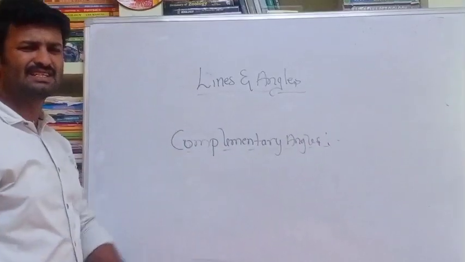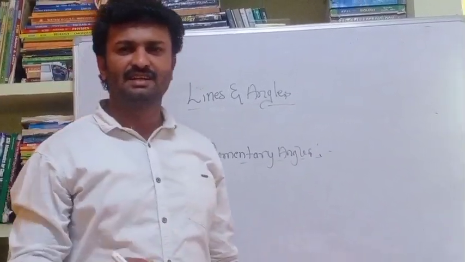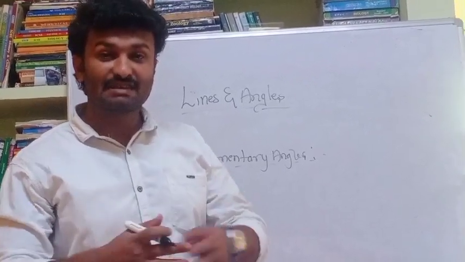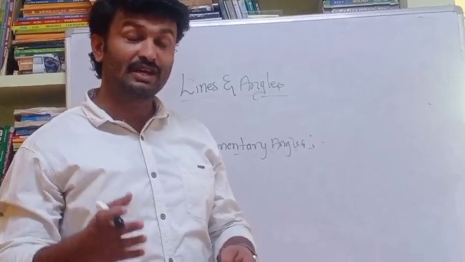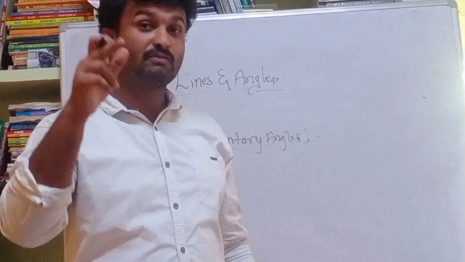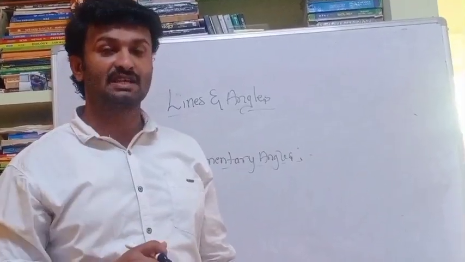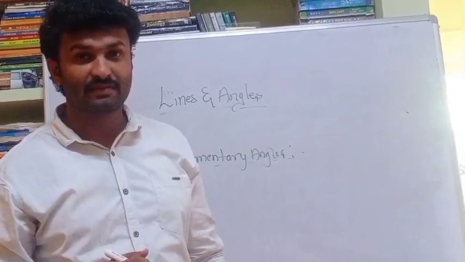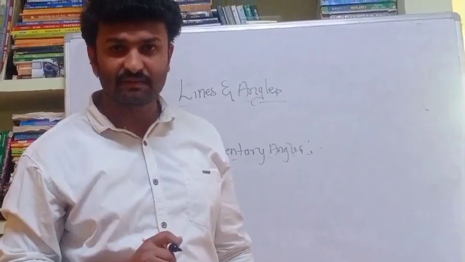What are complementary angles? Just now I said there is a relation between complementary angles and adjacent angles. First, remember the definition of adjacent angles. Their sum is equal to 90 degrees.